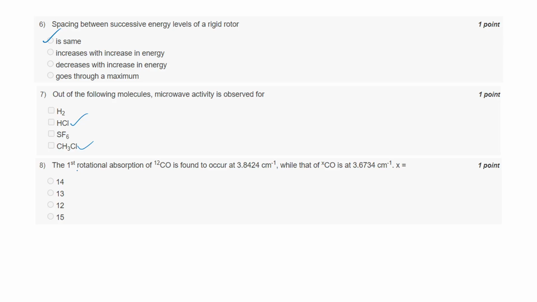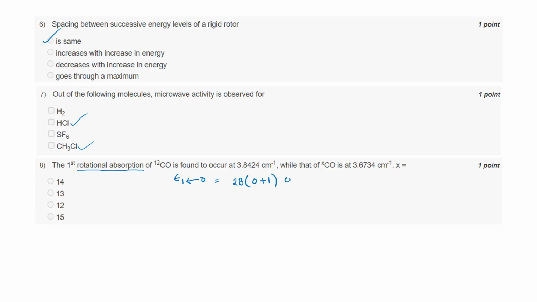So what do you think? Does this talk about the energy or the energy difference? First rotational absorption means J going to J plus 1, from 0 to 1. So what was the formula? 2B times J into J plus 1, where J is 0.